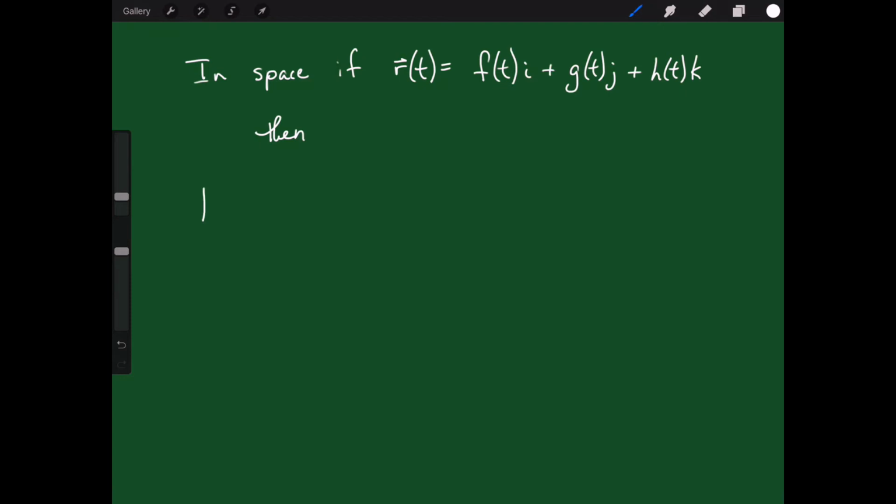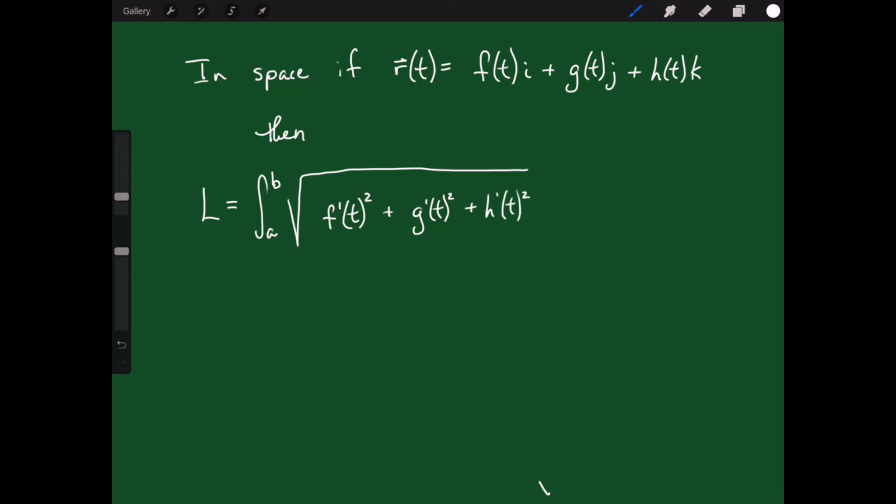Then the length of that vector valued function is going to be the integral from a to b of the square root of f prime of t squared plus g prime of t squared plus h prime of t squared dt.